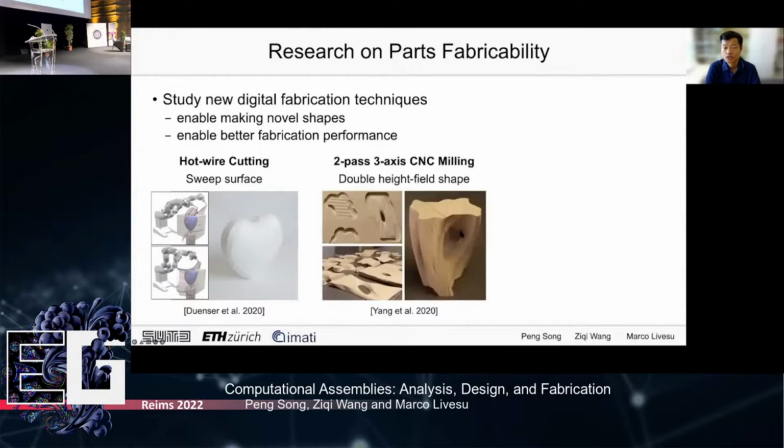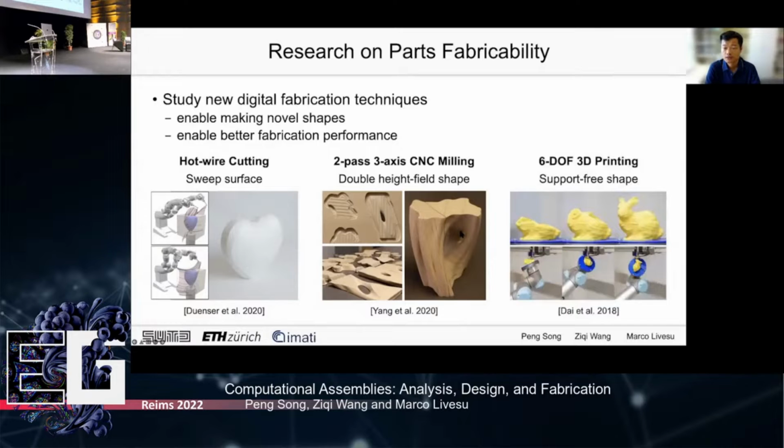We can also use a two-pass 3-axis CNC milling to fabricate double height field shapes, meaning that a 3D shape is a height field on both sides. This fabrication technique can significantly reduce both milling time and material waste compared to conventional ones.